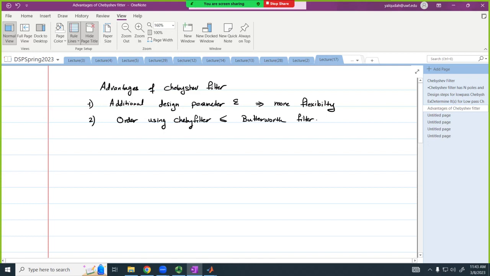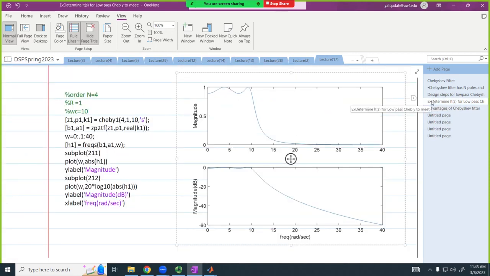Less than or equal to, yeah. So it has a lower order than that of a Butterworth filter. Now, probably I should mention something about these ripples. Is anybody bothered by these ripples here?